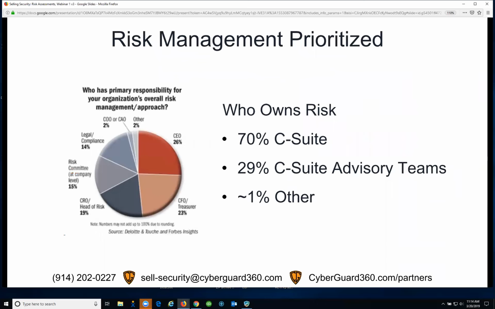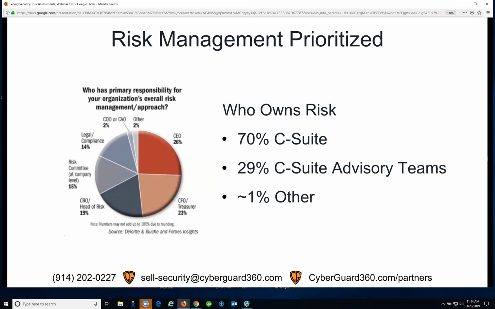So as we think about risk management, and again, this is really a call about risk management, which begins with a risk assessment, it's important to realize how your prospects and your clients think about risk management. In a survey done of CEOs of companies of a variety of sizes by Deloitte, 70% of the C-suite believes they own risk.